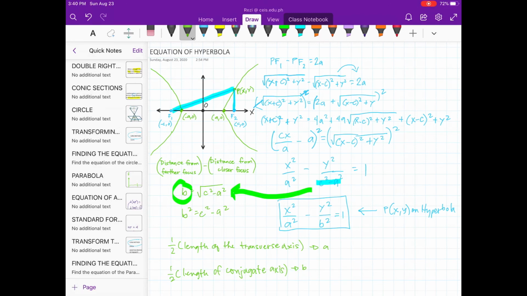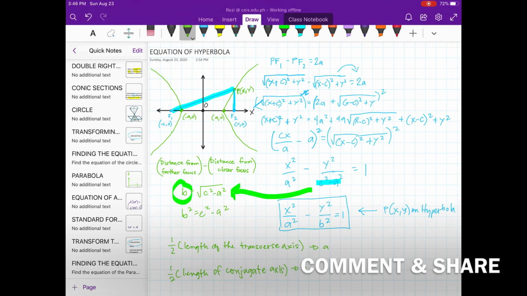It's defined as the square root of the difference between the squares of c and a. One thing to note here is that we took the point P to be on the right side curve of the hyperbola. But if we take the point P on the left side curve, we will arrive at the same equation.